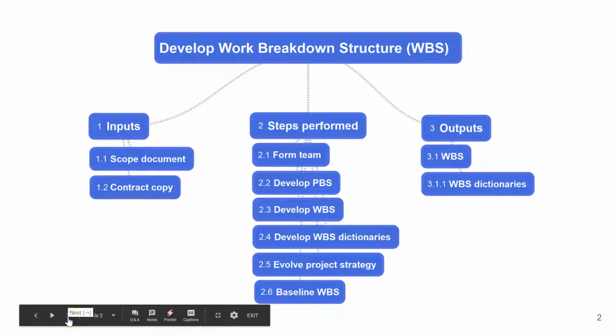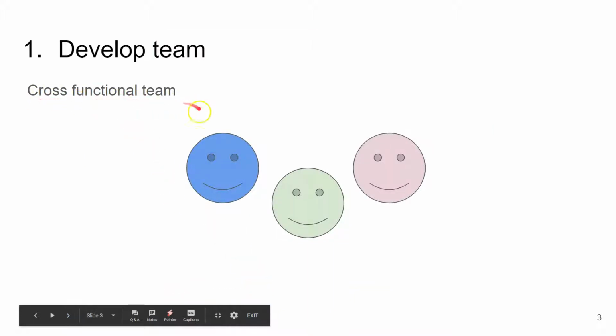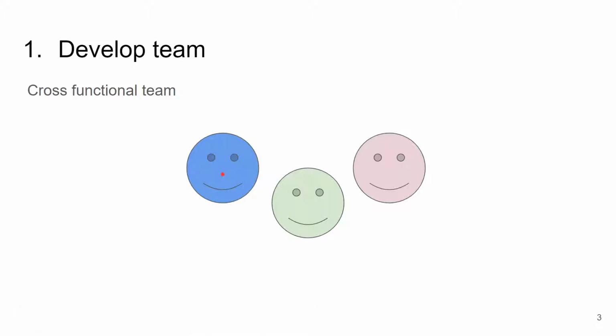Now we'll see each of these steps in detail. The first thing is a cross-functional team. No single human being will have the knowledge required to develop the complete work breakdown structure for the project, because it has the electrical discipline, the mechanical discipline, plumbing work, civil engineering, site preparation, structural engineering, and a lot of other disciplines as well, depending on the nature of the project.